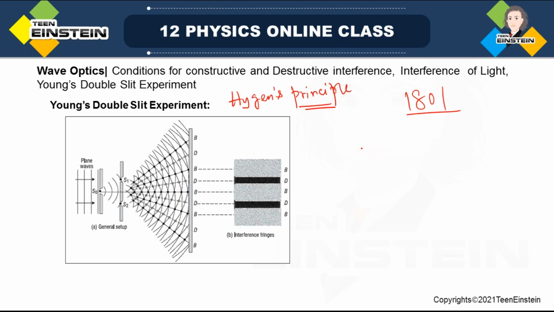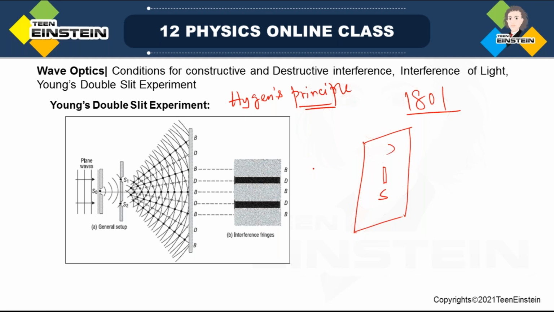Why double slit? I'll tell you what you mean by slit. Suppose you take a cardboard which is opaque to light, and then you make a very fine rectangular hole like this. This is called a slit, denoted by S. When light comes like this, obviously here we will not go with the ray diagram.